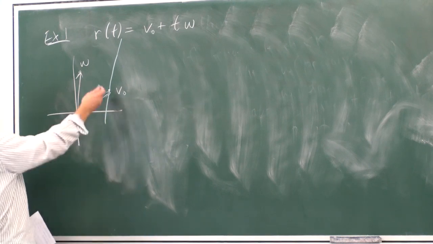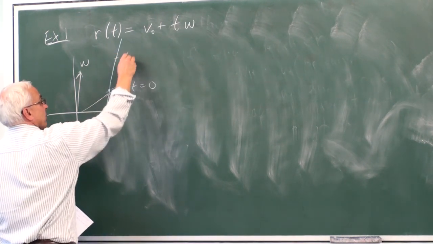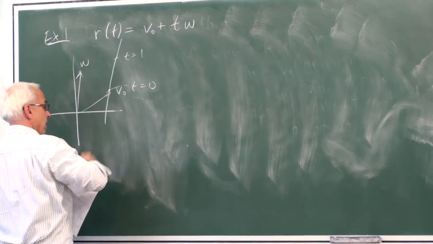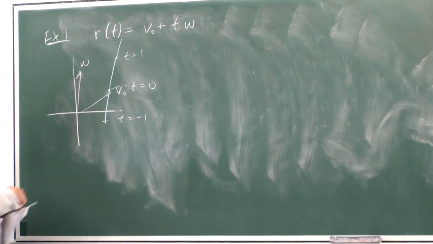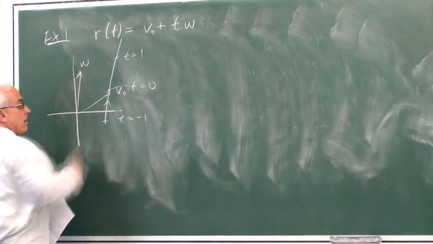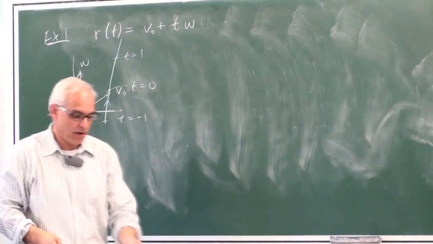And maybe you come from some previous time. So here would be time t equals 0. Here with time t equals 1. And t equals minus 1, perhaps. The particle is moving in this straight line through v0 in the direction of w. This is constant motion, which is the simplest motion.